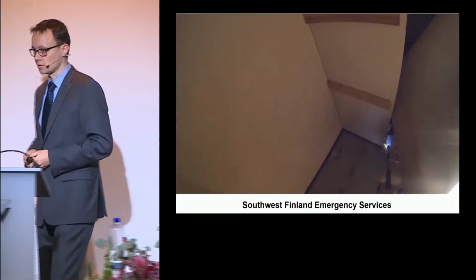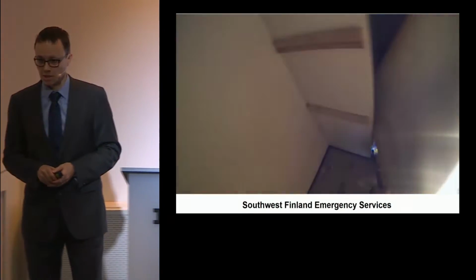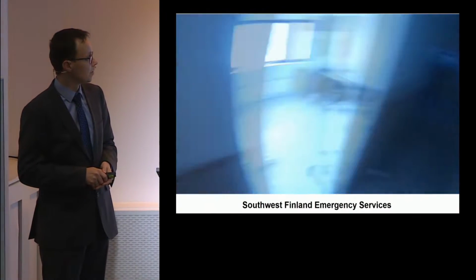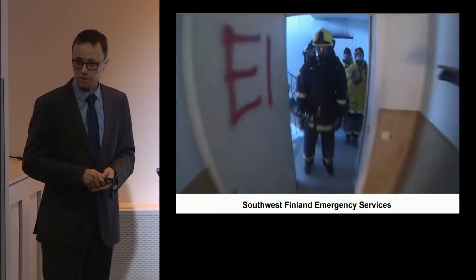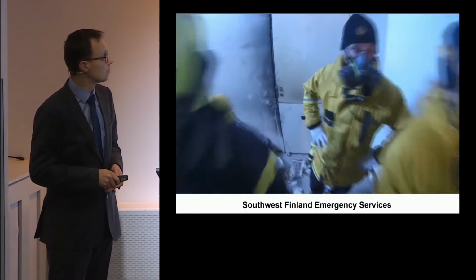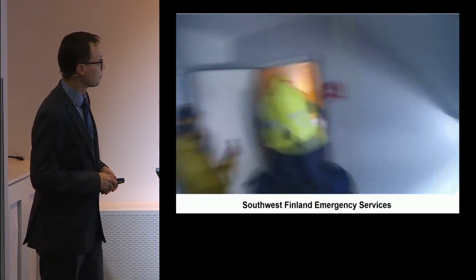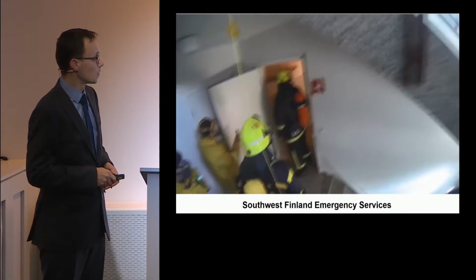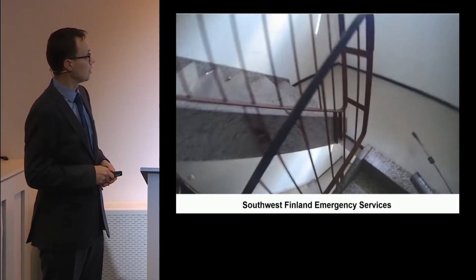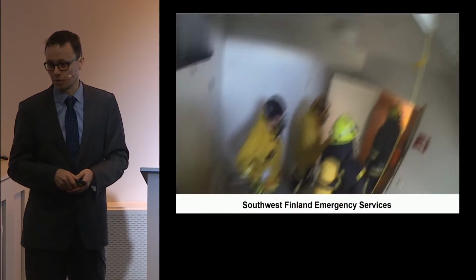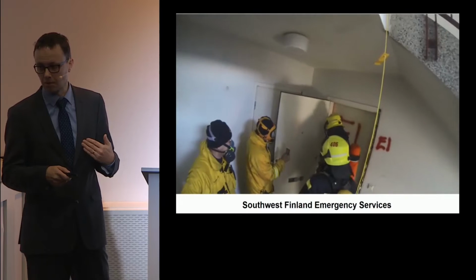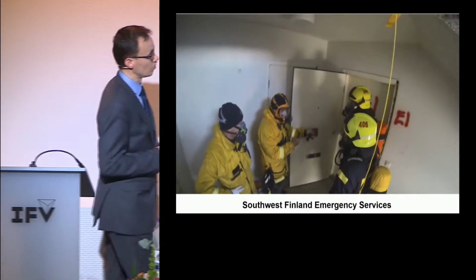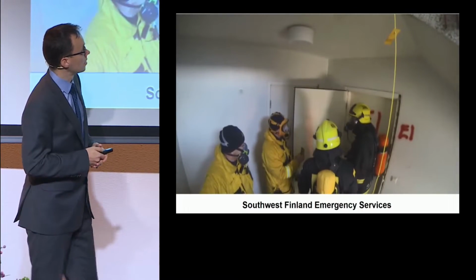This is a video from the Southwest Finland emergency services from their drill. They set up the fire in an apartment building. Close the door. We see that in Finland we typically have a double door system. We have both inwards opening and outwards opening door from the apartment to the staircase.